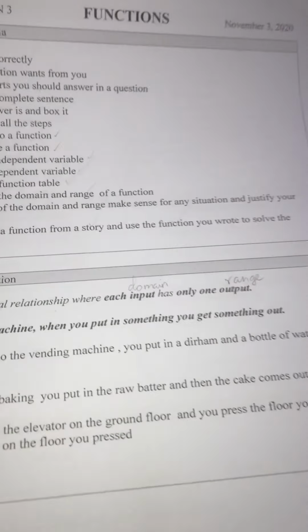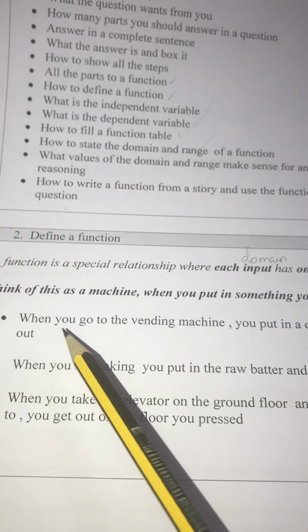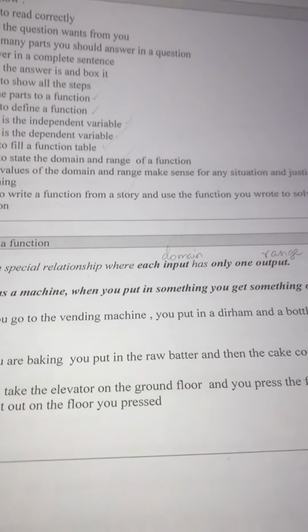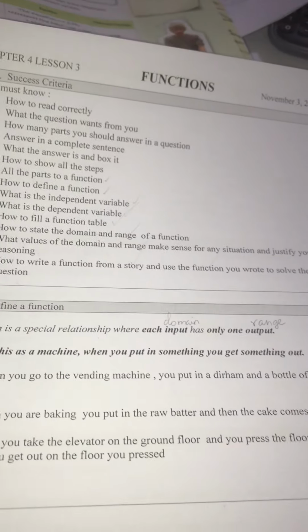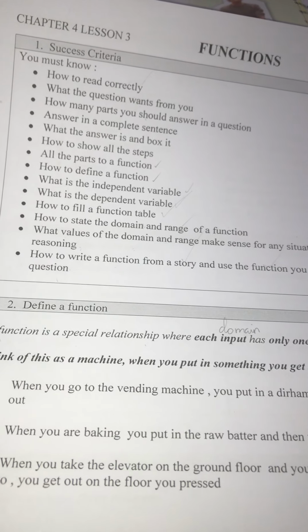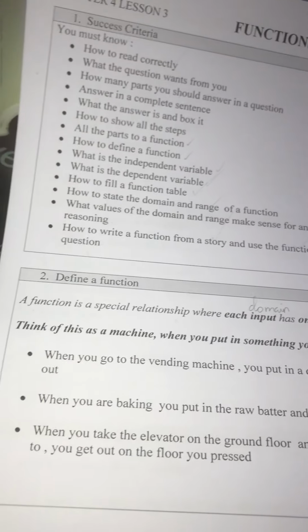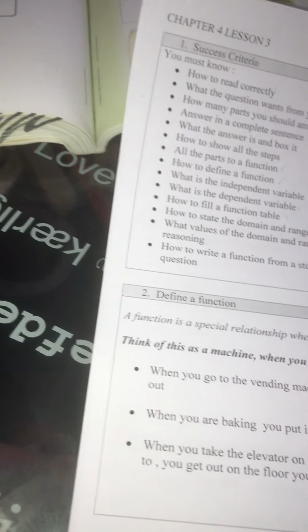When you put in something, you get something out. Okay, so here are some examples I have written. When you go to the vending machine, you put in a dirham, you press the button, the bottled water comes out, or a can of soda comes out, or candy in a packet comes out. Whatever is inside the vending machine that you're buying. Okay? You put money, something comes out.